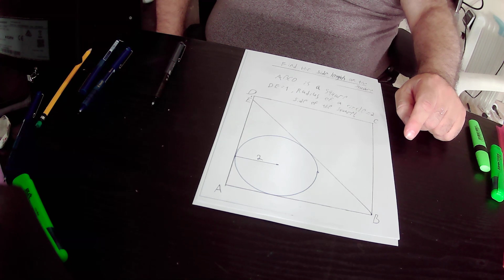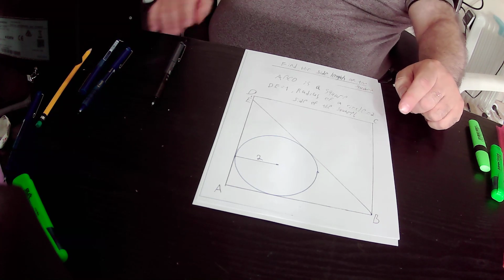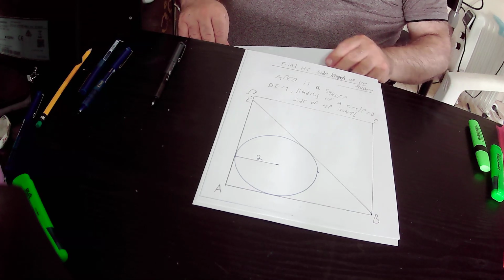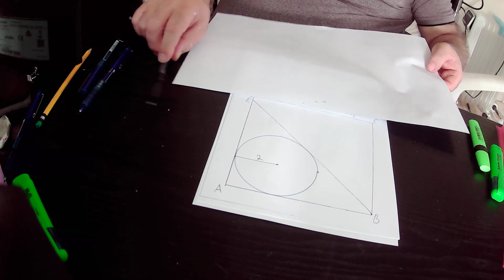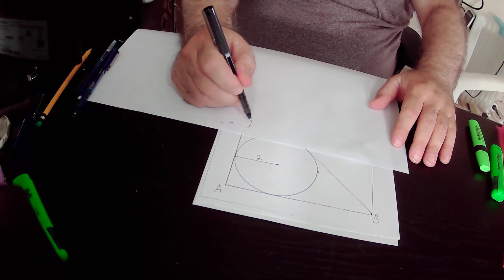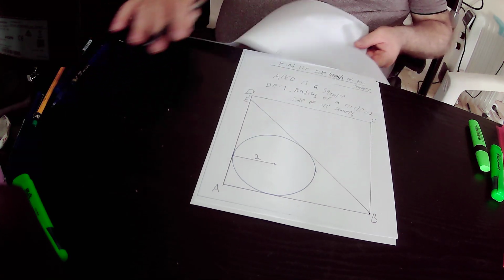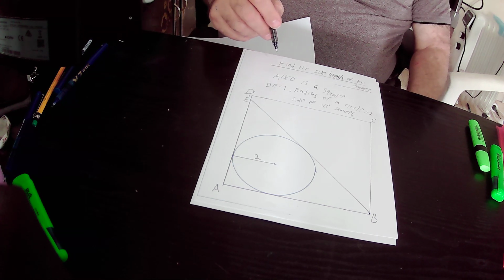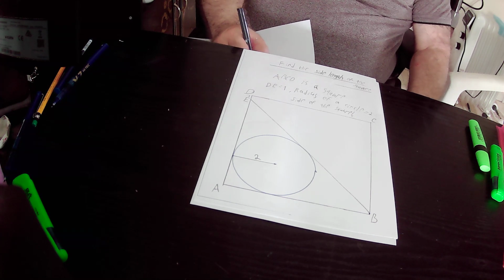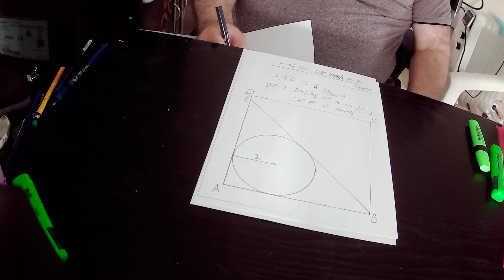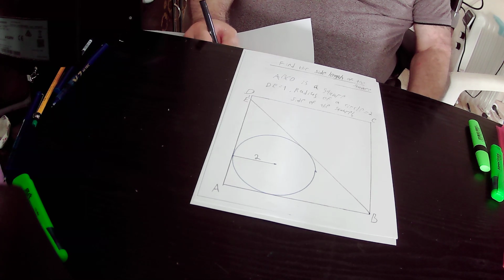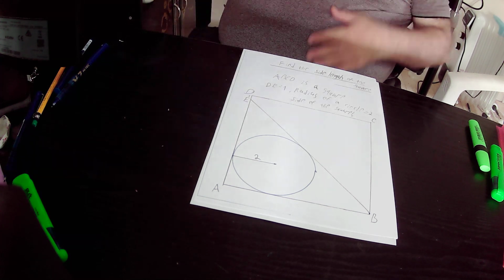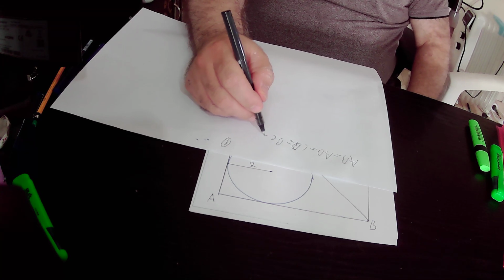Okay, so first of all we will define the side length of square ABCD as X. That is to say, AB equals AD equals CD equals BC, and all the sides of square ABCD are equal to X according to our definition.